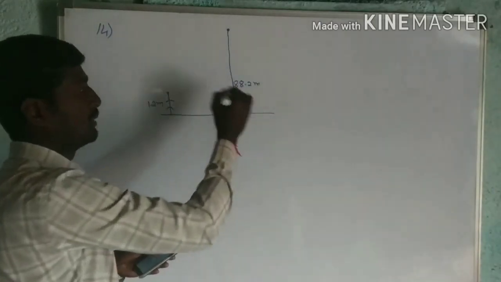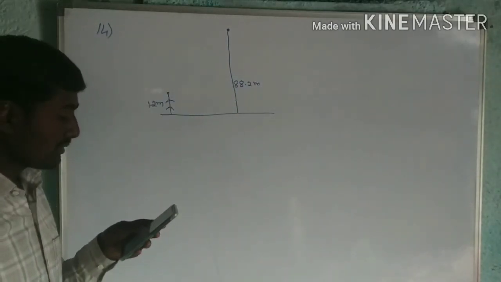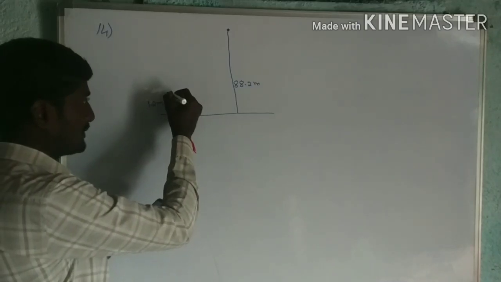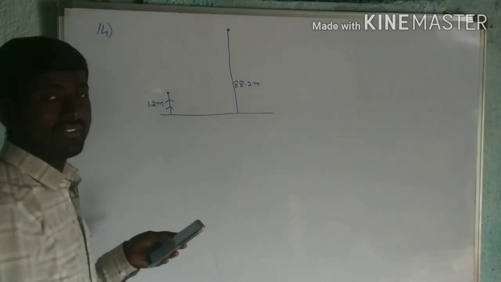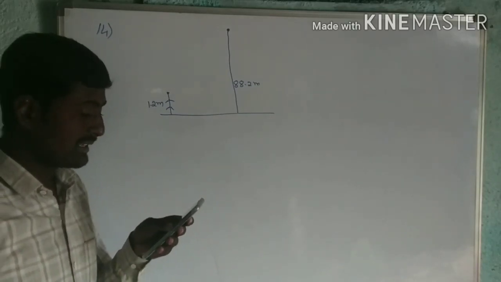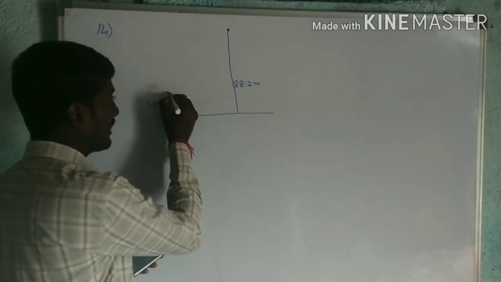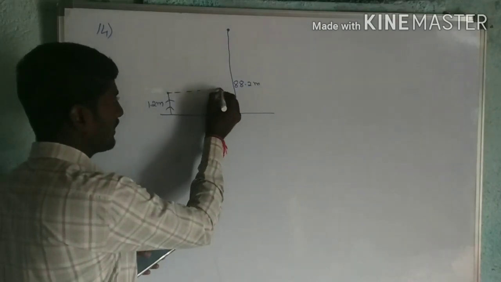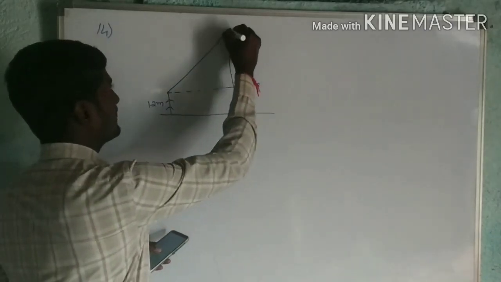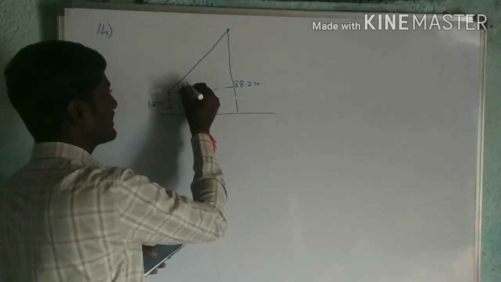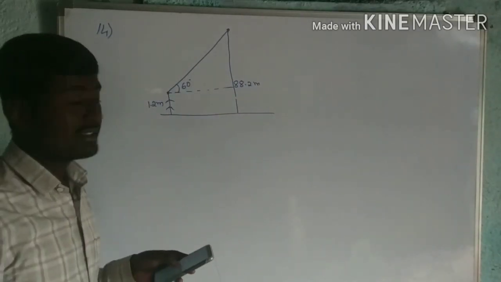When she is observing from her eyes, the angle of elevation is 60 degree. So first I have to draw the horizontal line for this. Now the angle of elevation is 60 degree.